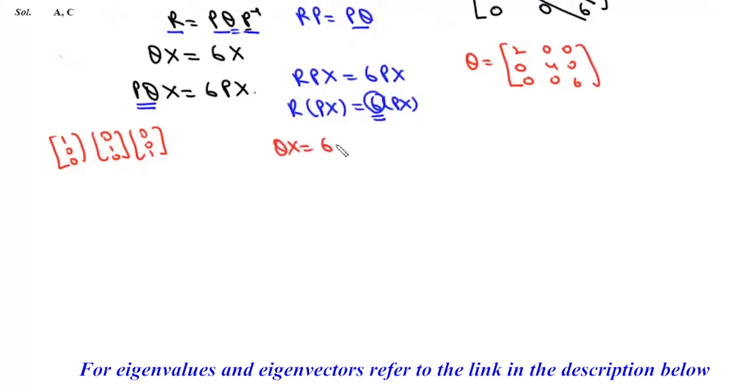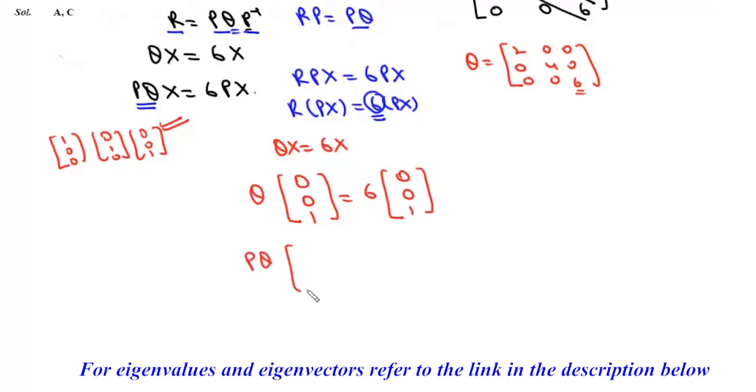Now QX will be equal to 6X if we take X as (0, 0, 1). For (1, 0, 0) it will be 2, for (0, 1, 0) it will be 4, and for (0, 0, 1) it will be 6. So we can write Q into (0, 0, 1) will be equal to 6 into (0, 0, 1).